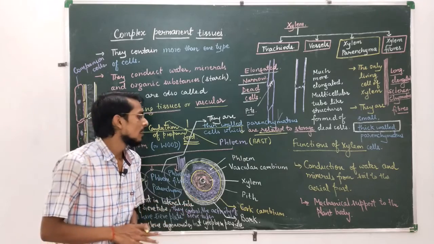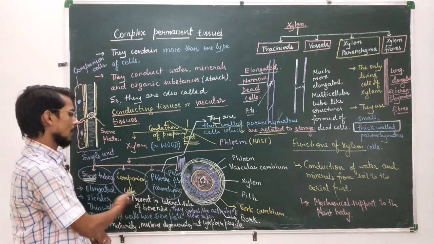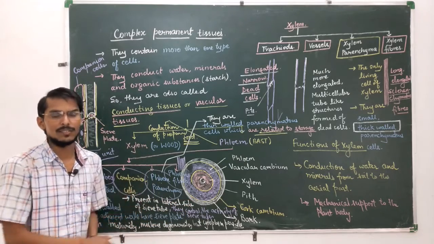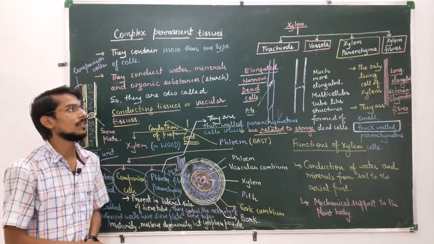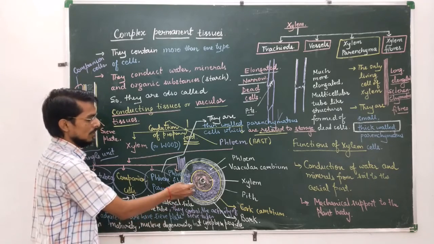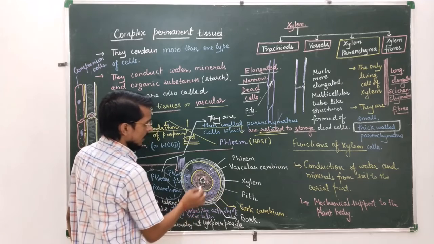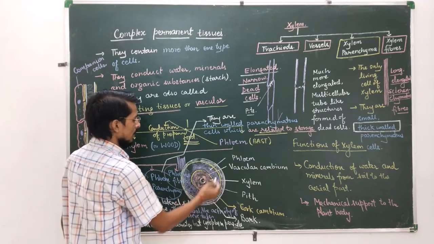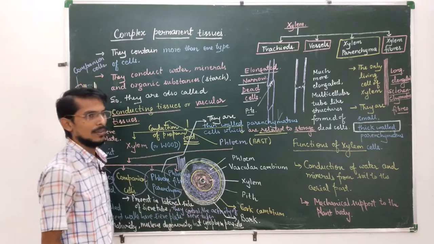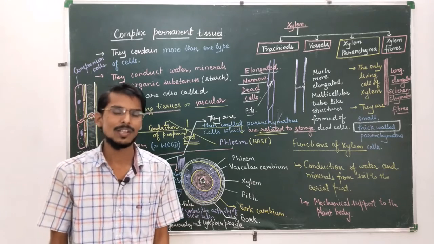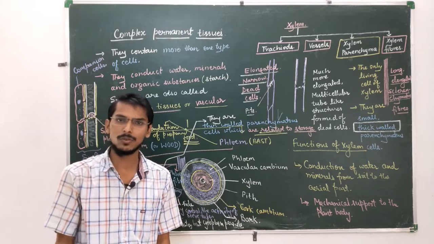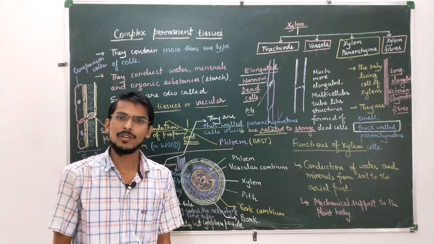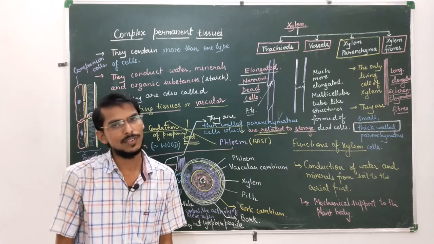Several other differences are present in the structure of these cells, so you can easily distinguish between xylem and phloem. The position is also a point of difference. Xylem is present in the central part, whereas phloem is present in the external part. But this difference is not considered because in the structure of root and stem, you will find some differences in the position of xylem and phloem.